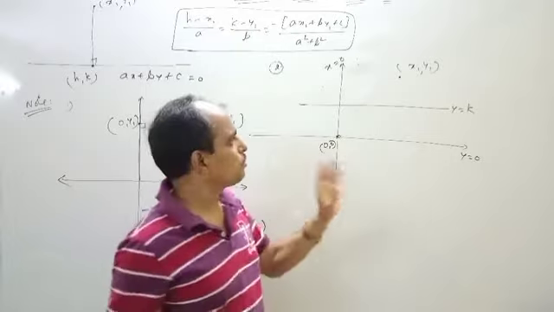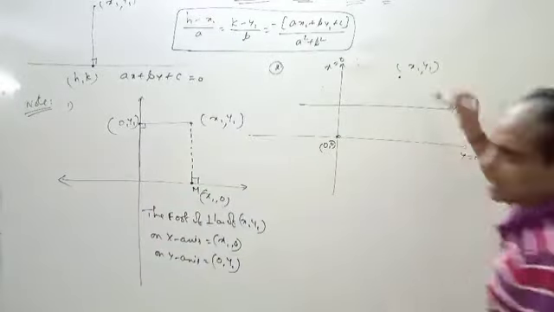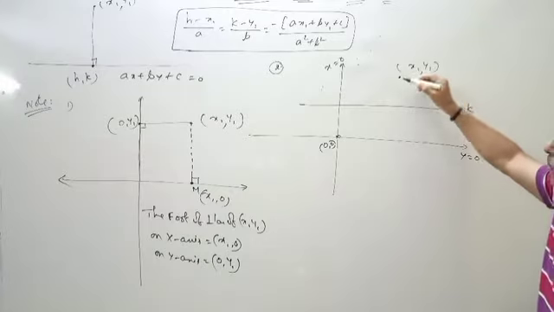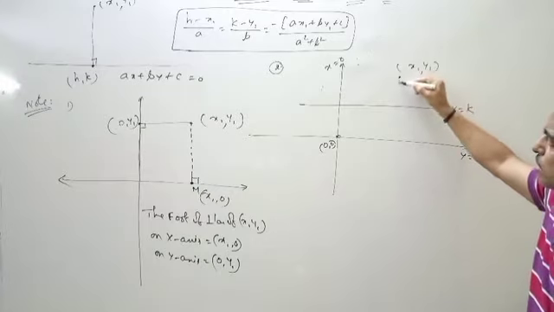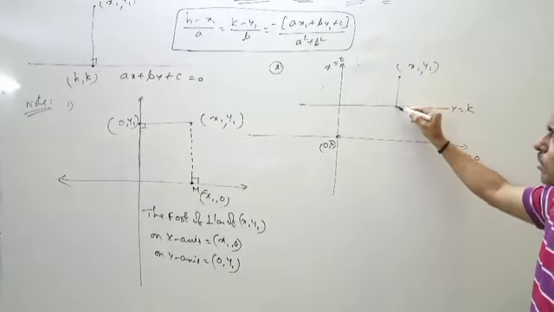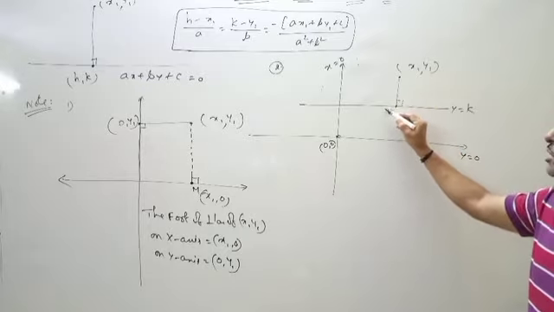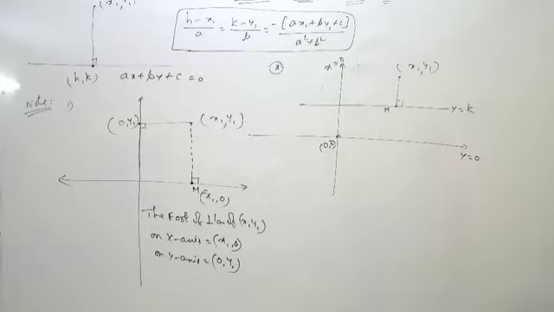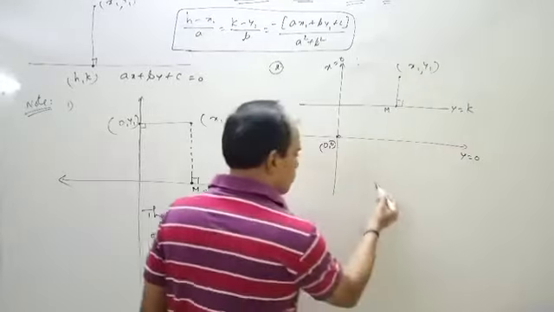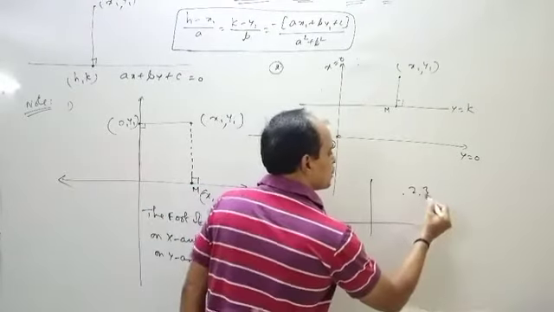Now the question is, this is (x1, y1). What about the foot of perpendicular of this point on this line? So this is the foot of perpendicular. What about this point M? Simply, I will discuss one point with you, that is (2, 3).